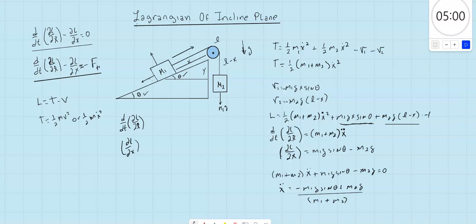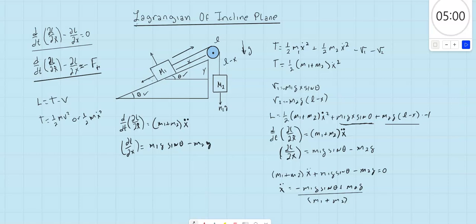If we take the partial of the Lagrangian, it will be equal to (m1 plus m2). The 2's are going to cancel, I'm going to have an x dot, and if I take the derivative with respect to time, I get x double dot. And for the same thing with x, we have m1 g sine theta minus m2 g.